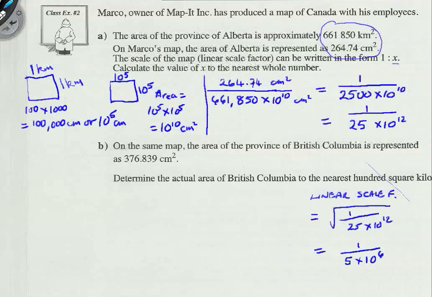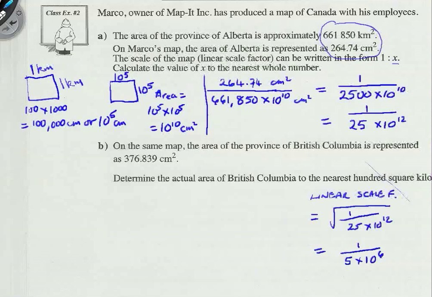We're reducing this to 1 by dividing both by 264.74. So this ratio works out to be 1 over 2,500 times 10 to the 10, or another way of writing that, moving the decimal point over twice, it's 25 times 10 to the 12. So that's the area scale factor.